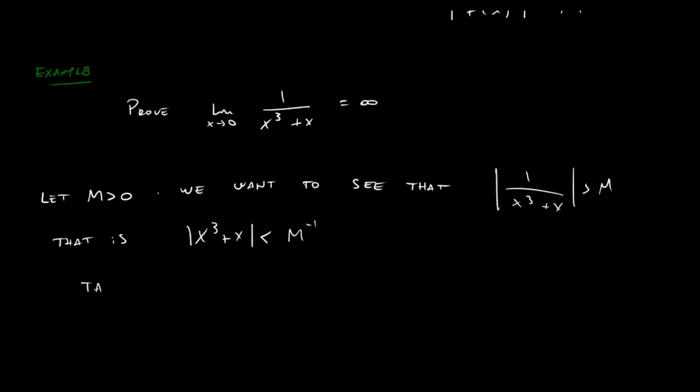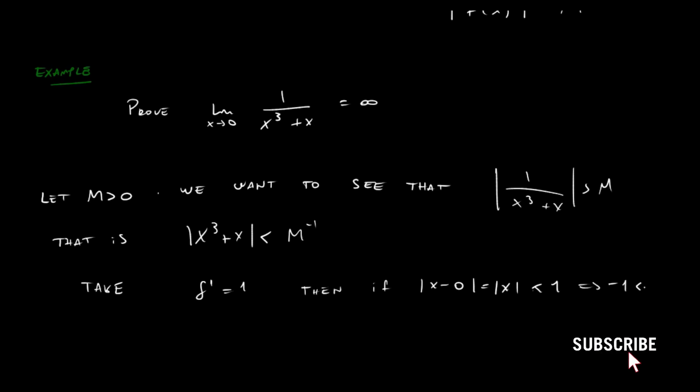So what we're going to do is something we have done in previous videos. We take a delta prime equal to 1. Then if |x minus x0|, which is 0, equals the absolute value of x, is smaller than 1, this means that minus 1 is smaller than x and smaller than 1.